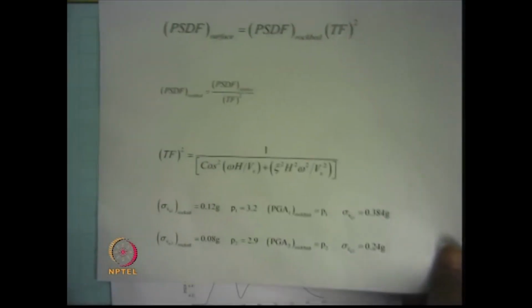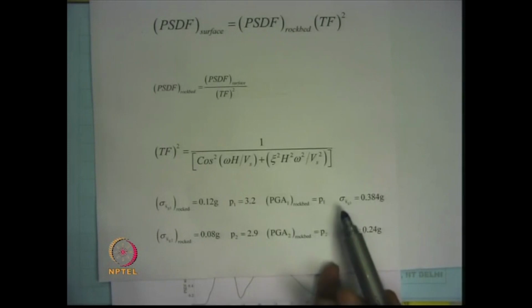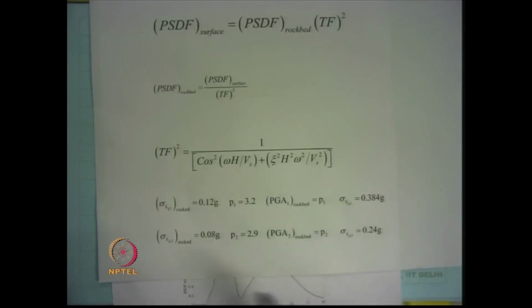So, once we got these power spectral density functions, there are certain methods to calculate the peak ground acceleration for the site at the rock bed level from the rock bed power spectral density function.